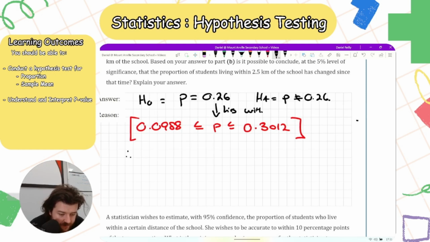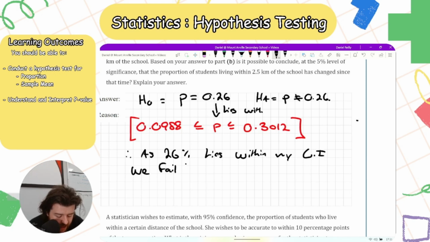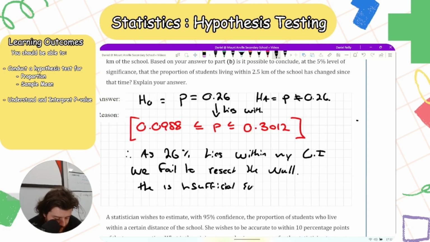So therefore, as 26% lies within my confidence interval, we fail to reject the null. There is insufficient evidence to suggest it has changed.